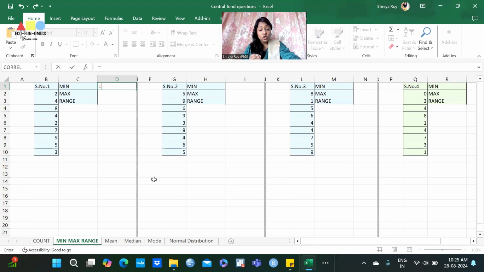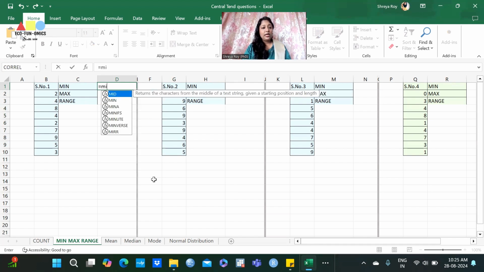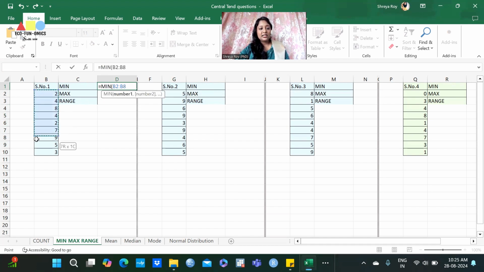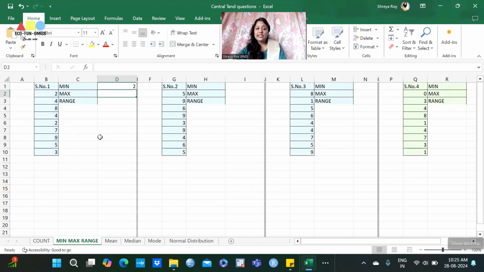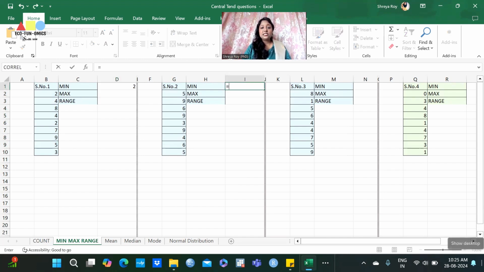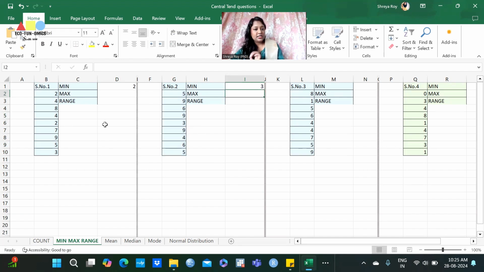It is always good to use commands and formulas. Is equal to MIN, which stands for minimum, open bracket, select the cells or the observations, close the bracket and enter. I am repeating for the next one, is equal to MIN, open bracket, select the cells, close bracket, enter.